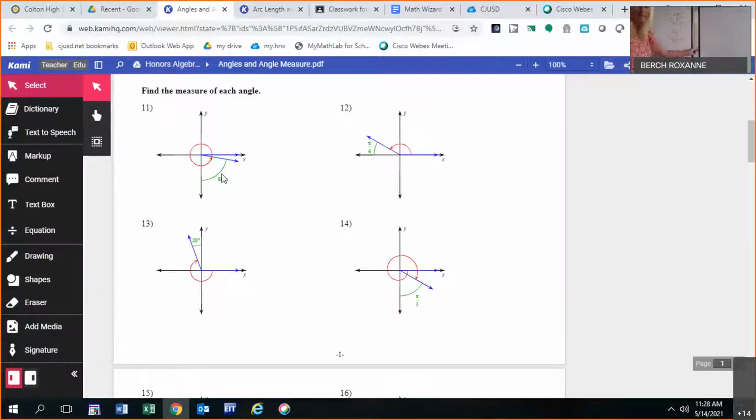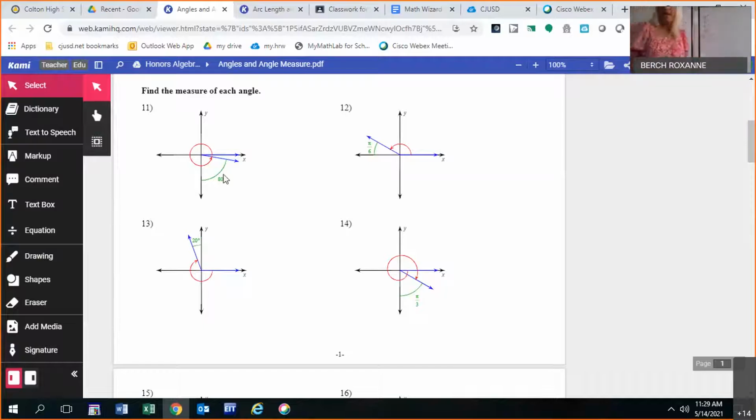Somebody last period said they would take 90 plus 90 plus 90 plus 80, right? 90 up here plus 90 plus 90 plus 80 and get 350 degrees.